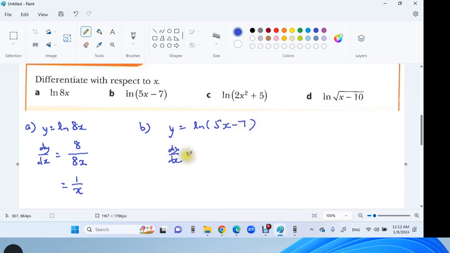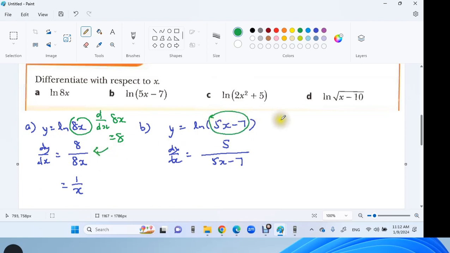Then the dy dx will be over 5x minus 7, and it is 5. So for this one, we differentiate 8x is equal to 8. For this one, we differentiate 5x minus 7 is 5. Then it will become like this.